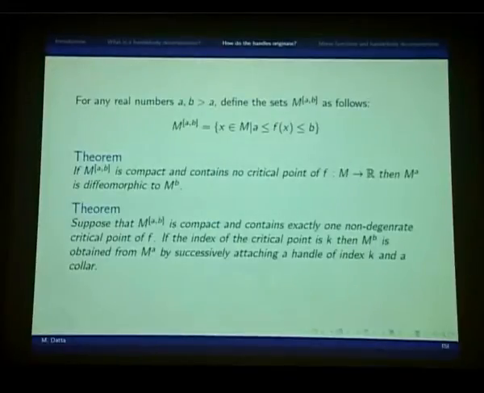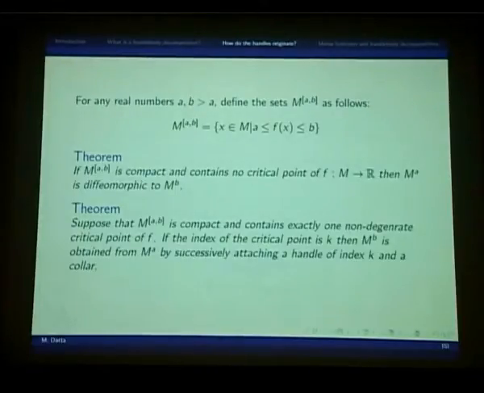Okay. So we can summarize these observations into theorems. First, let us define the subsets. For any 2 real numbers a, b, b greater than a, we can define sets of the form M superscript ab as follows, which consists of all points x in M where the functional values lie between a and b.